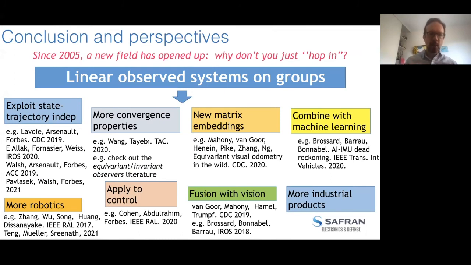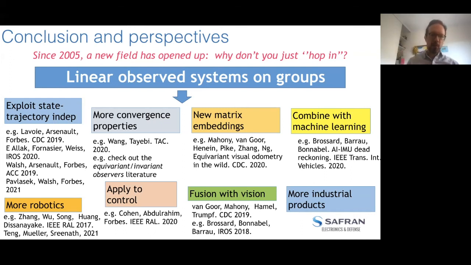And there are many things to be done now. You could further exploit the state independence of the Jacobian to the trajectory. James is well represented in this item, as you can see, and his group. I believe that some of his collaborators are mentioned there, and maybe are in the audience.